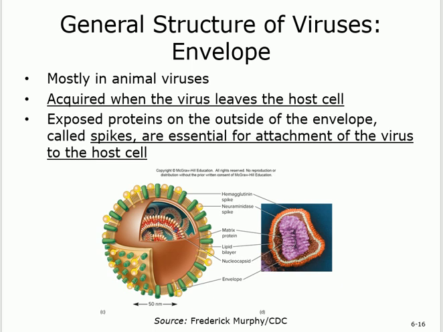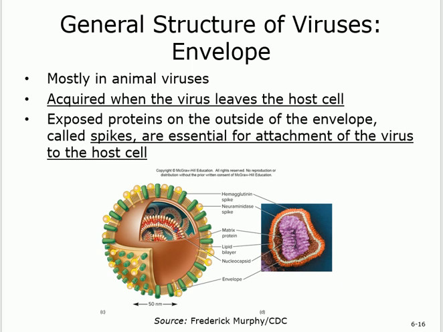If you ask yourself where they got that envelope from, they get it when they leave the host cells, after invading and replicating. We will discuss all the details. But while leaving the cell, the virus steals part of the cellular membrane and makes it an envelope for itself, and adds spikes to it. So when do they make the envelope?